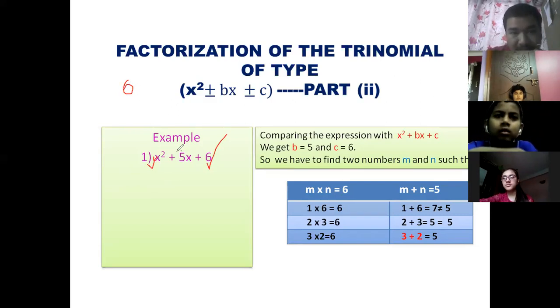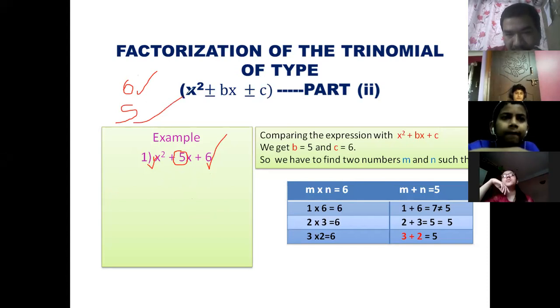Then what is the middle one? What is the coefficient of x? 5. Very good. You understood this? After multiplying the coefficient of x square and the last term 6, the product should come 6 and the sum should come 5.